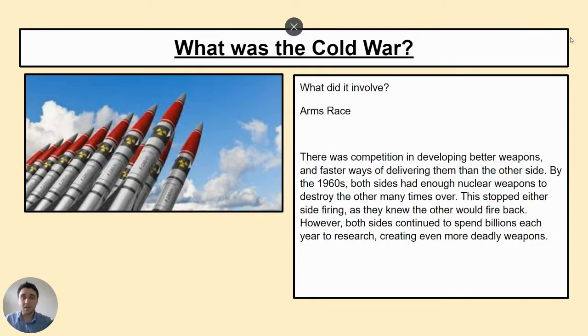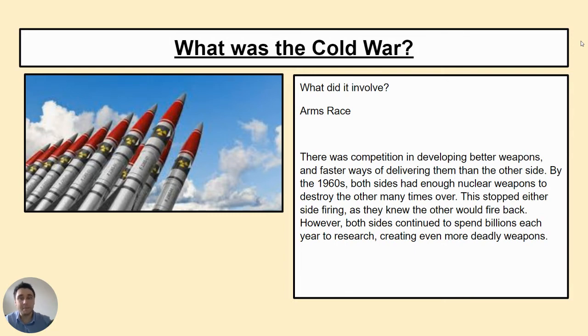But at the same time, it stopped anyone firing a nuclear missile, because they knew if they pressed a button and sent nuclear missiles over, the enemy would realise this, they would detect the missiles coming over, and they would fire their missiles back. So if you pressed the button, you were effectively not just destroying the enemy, but destroying yourself at the same time.